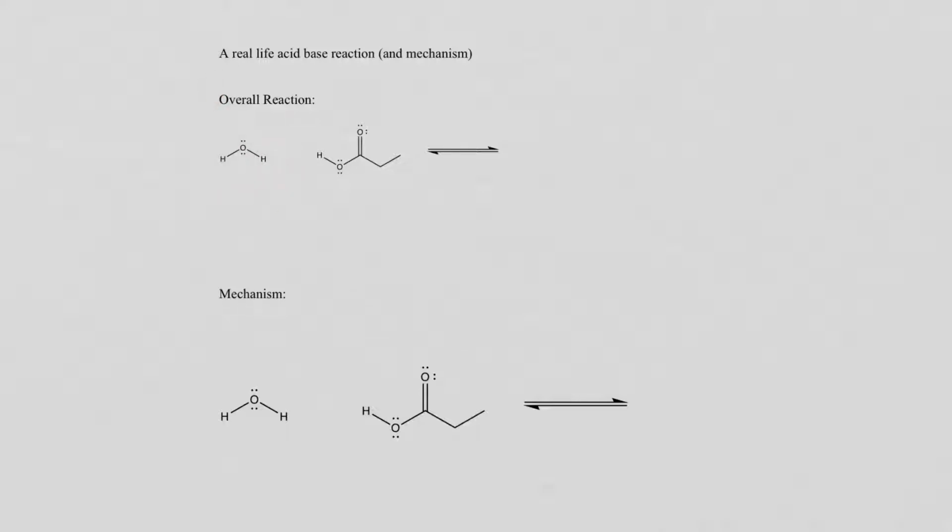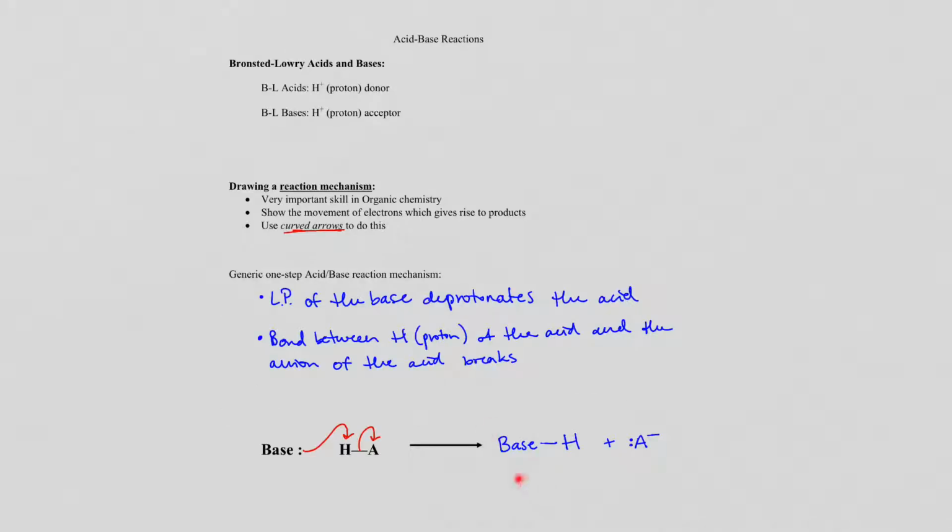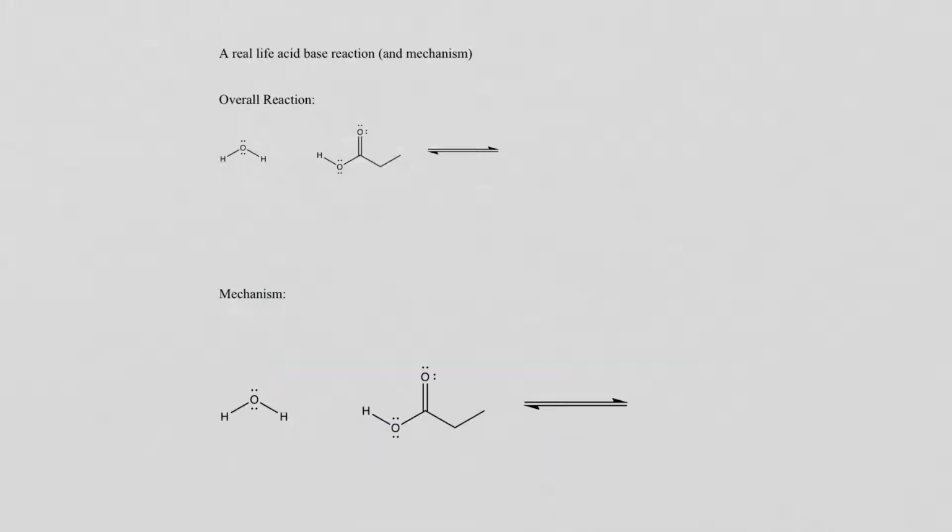And what we're going to do is try and draw the products like what we have here. So our base with an extra hydrogen and the negative R group of the acid over here. So we're going to learn how to draw products. So this is our base. This is our acid.